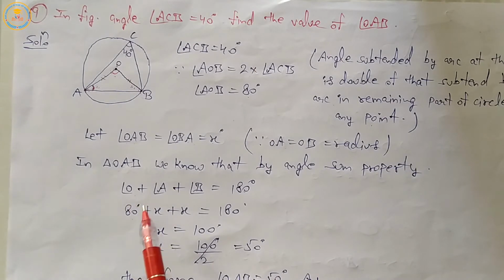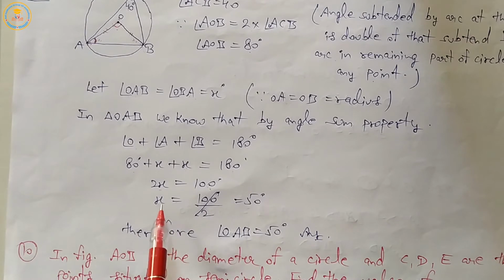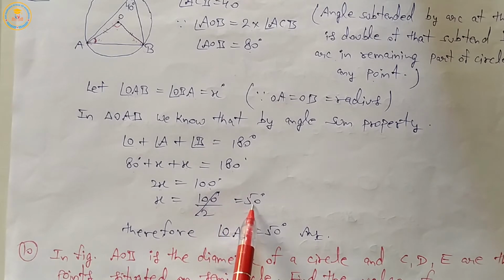Therefore, O replaced by 80, A by x, B by x, equals 180. 80 transferring to the other side, 180 minus 80, 100. Like terms added, x plus x, 2x, 2x equals 100. Then x equals 100 divided by 2, which is 50 degrees. Therefore angle OAB equals 50 degrees.